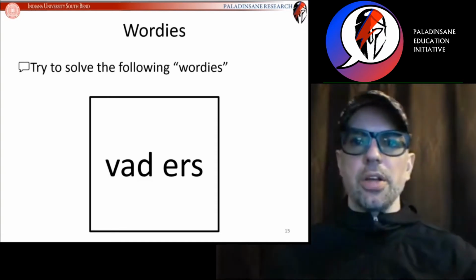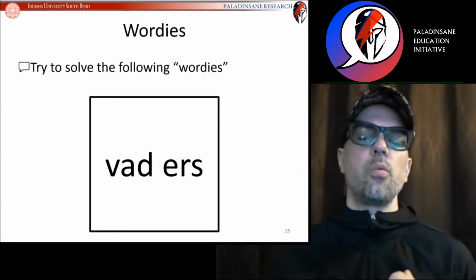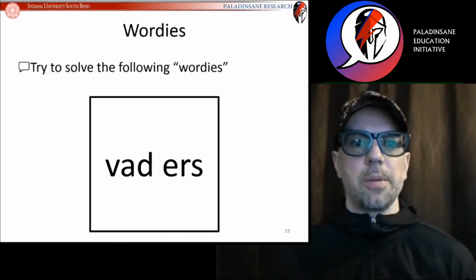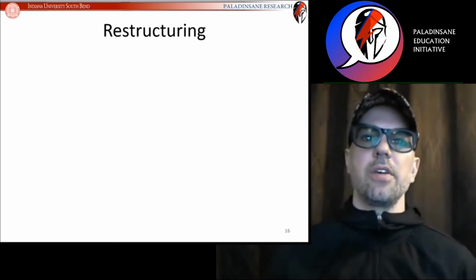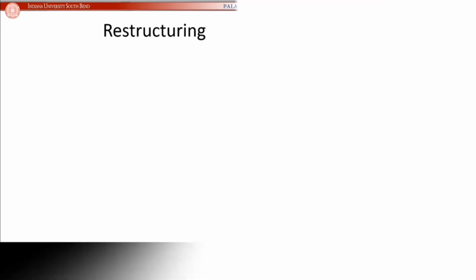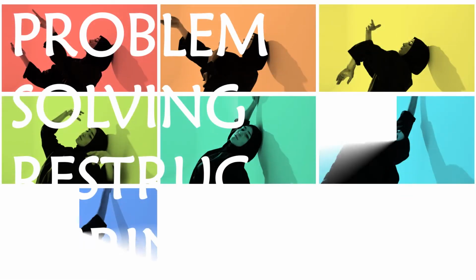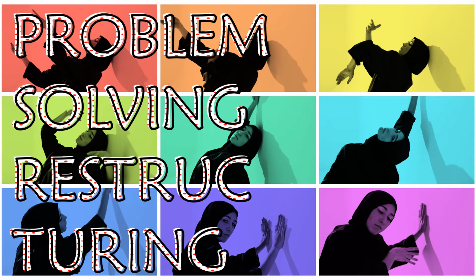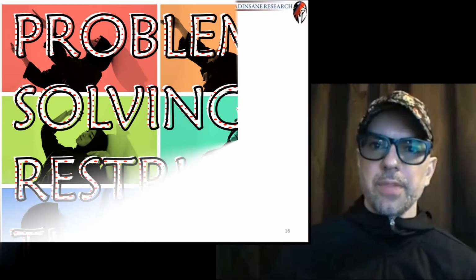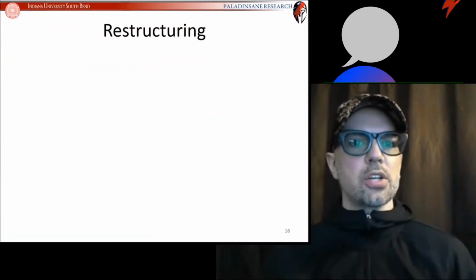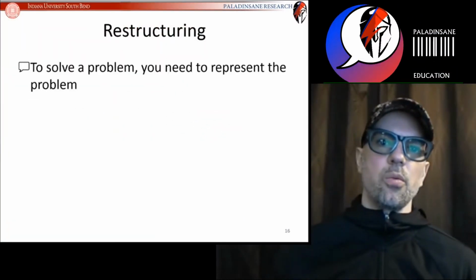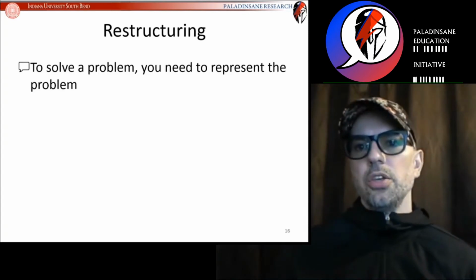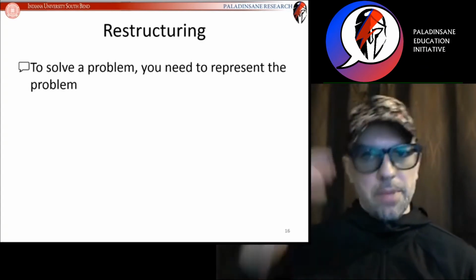But first, we are going to turn to our first look at what is going on when we solve a problem. And this is the idea of restructuring. So in restructuring, the theory is that when you solve a problem, you need to represent that problem in your mind.